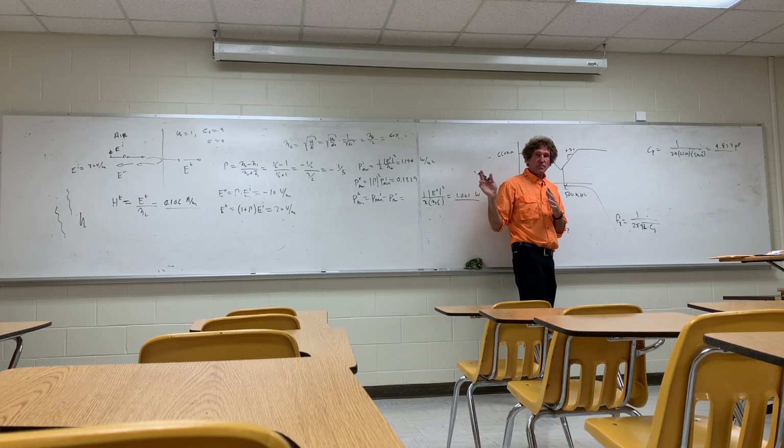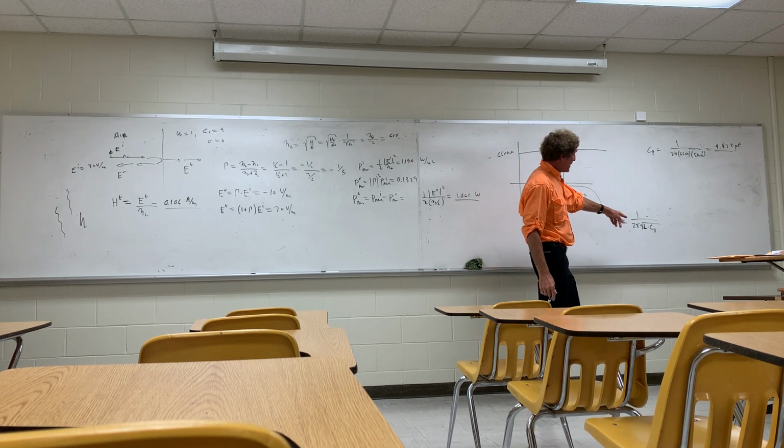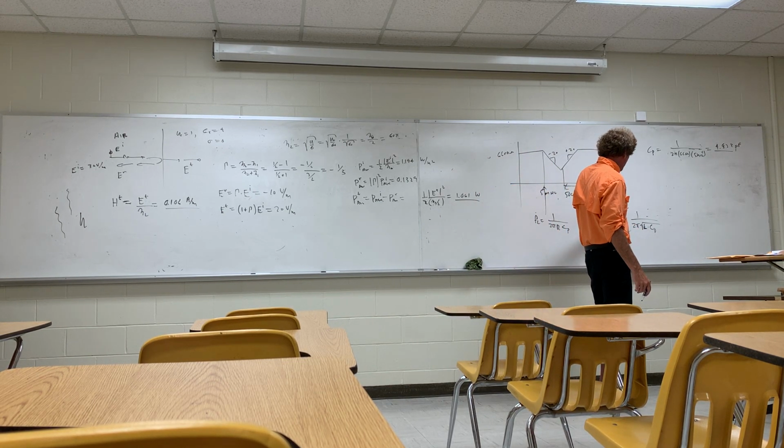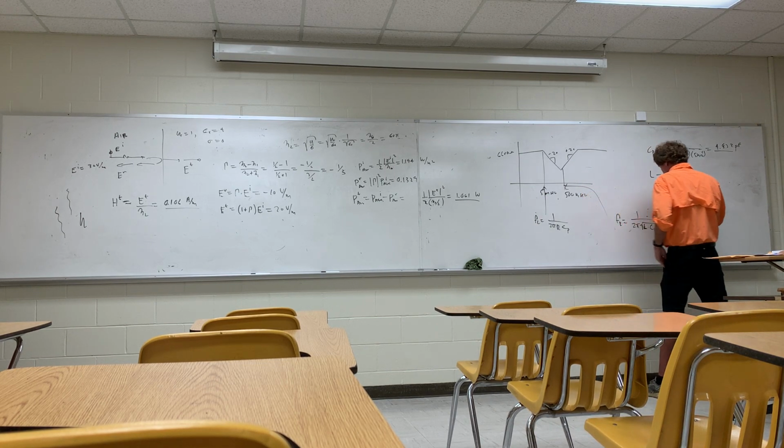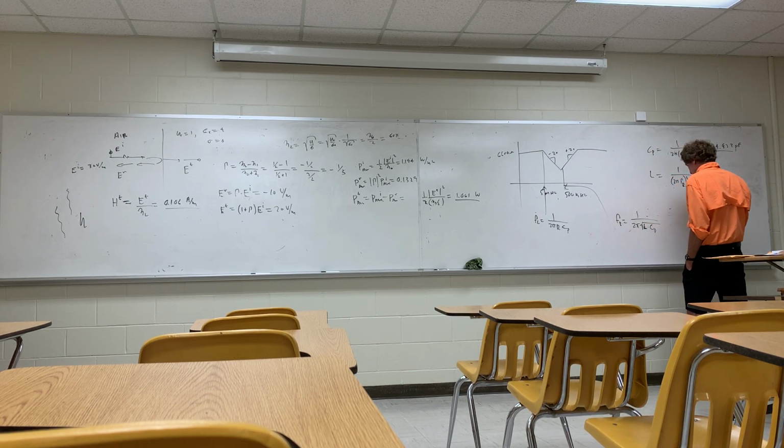This is a straightforward problem. After that, now I have to get my L, so I can take F times 2 pi, square that, and then divide, so L would be equal to 1 over 2 pi F resonance squared, divided by C parasitic.